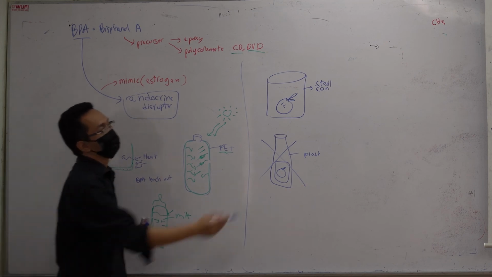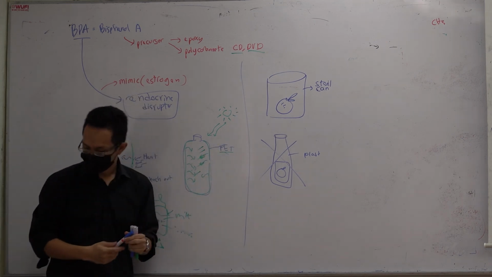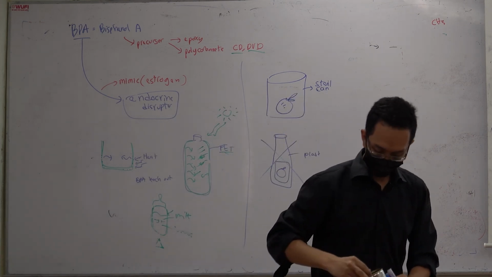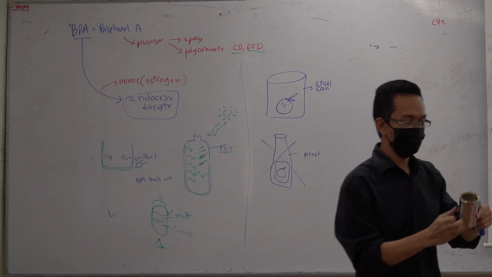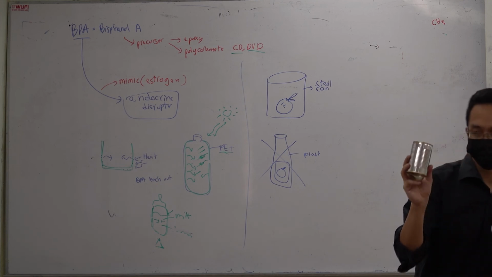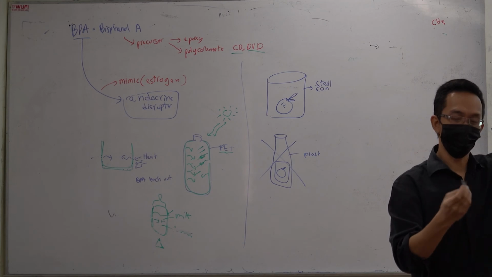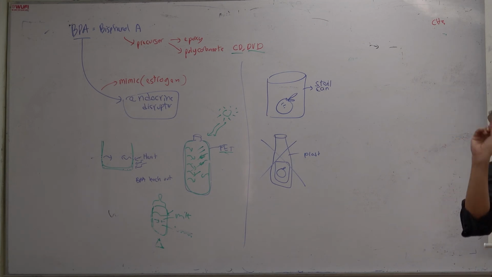You use the steel can, but still, inside the steel can you still have something. It's not 100% stainless steel. This is stainless steel, but inside you will see the color is different. They put an epoxy lining. If you pass it around, you can see there is epoxy lining, like a plastic there.